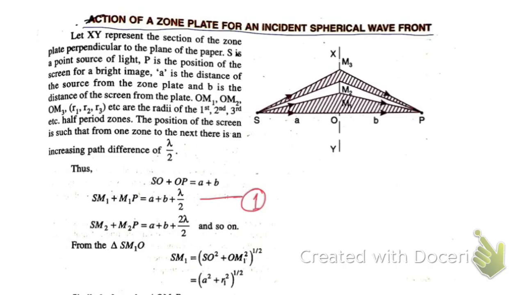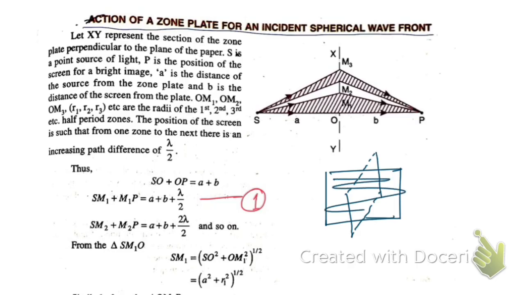Perpendicular to the plane of the paper means the screen, this is the screen of your mobile or the device which one you have used to watch this video, and this zone plate is perpendicular to this screen, like that. Okay, this is your mobile screen, suppose, and this is the plane of the section of the zone plate, right? Hope you have understood this.